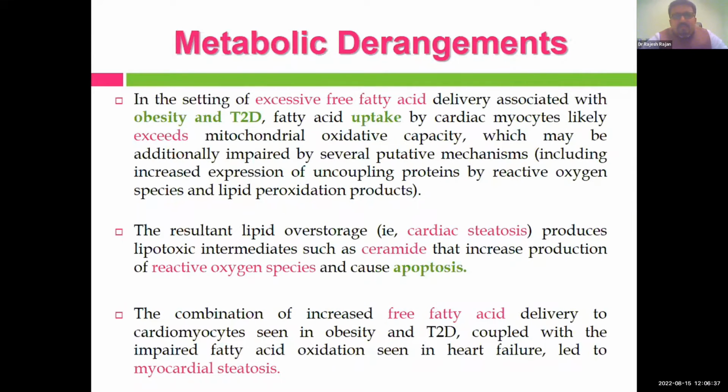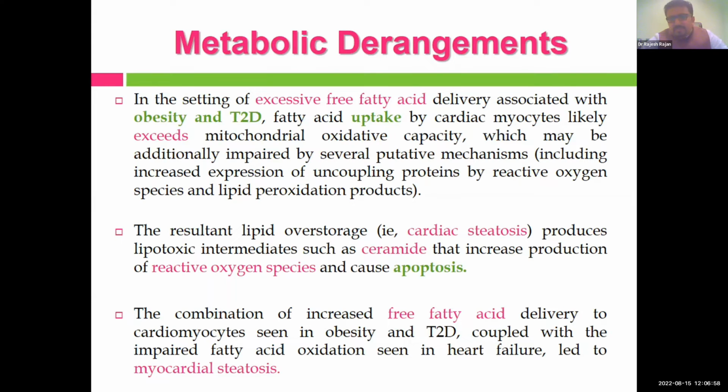So there is excessive free fatty acid delivery. When it is associated with obesity and type 2 diabetes, the free fatty acid uptake by the cardiac myocytes exceeds the mitochondrial oxidative capacity, which may be additionally impaired by several putative mechanisms.